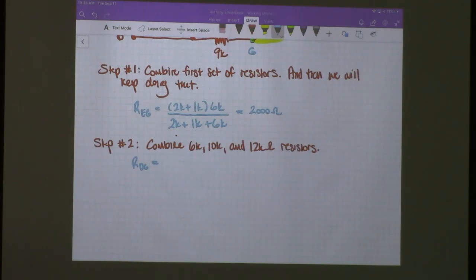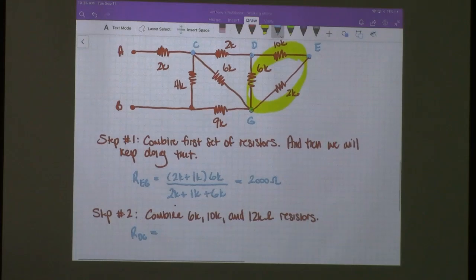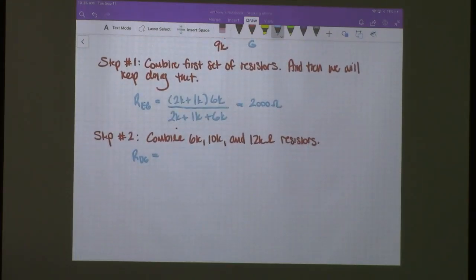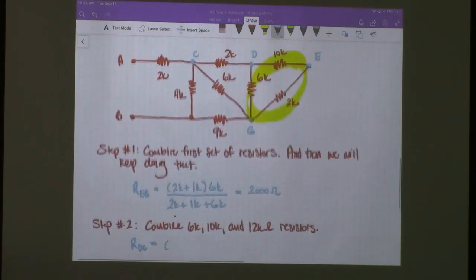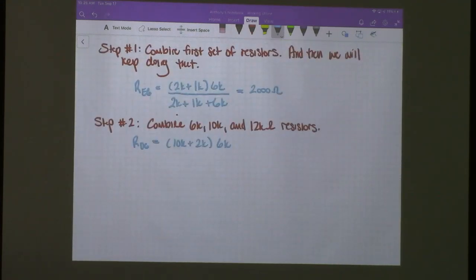RDG is going to be a 6 kilo ohm resistor in parallel with a 12 kilo ohm resistor. So it's going to be 10 plus 2 times 6 over 10K plus 2K plus 6K. According to the math that I did last time, that gives us a 4 kilo ohm resistor.